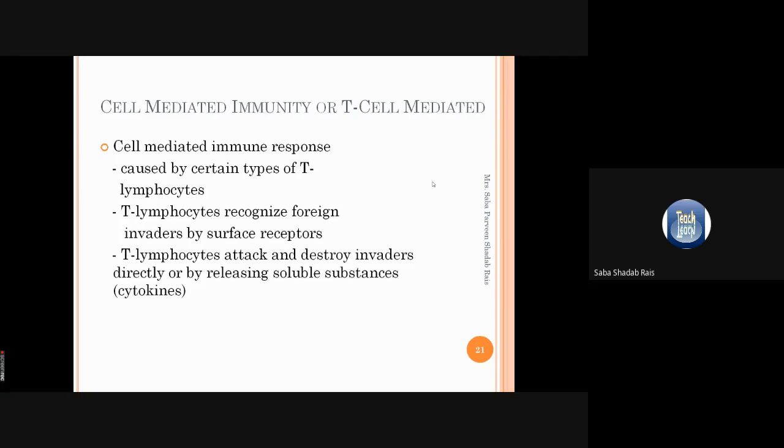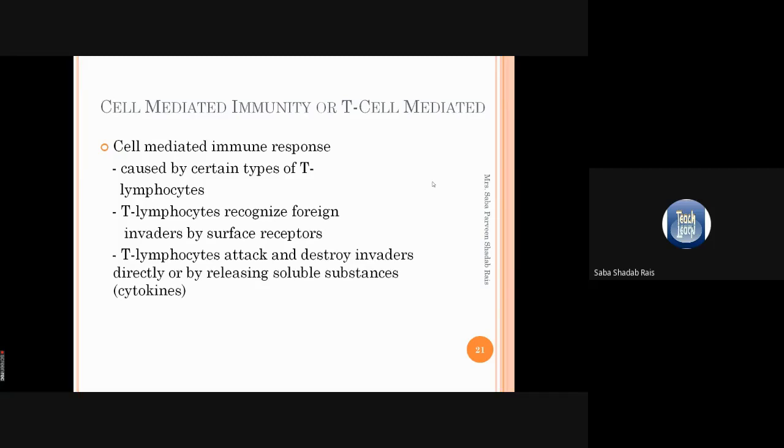The next category is the suppressor T cell. What does it do? It terminates the immune response. Now you might be thinking, ma'am, why do we need to terminate the immune response? The body's immune system is the smartest system of our body.